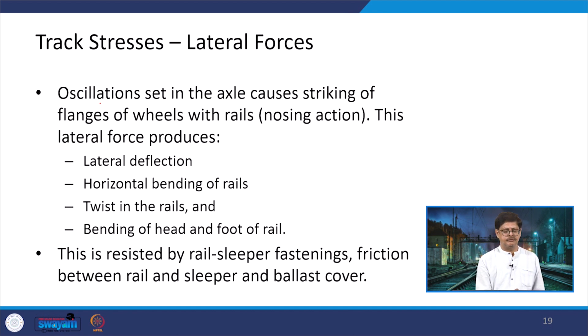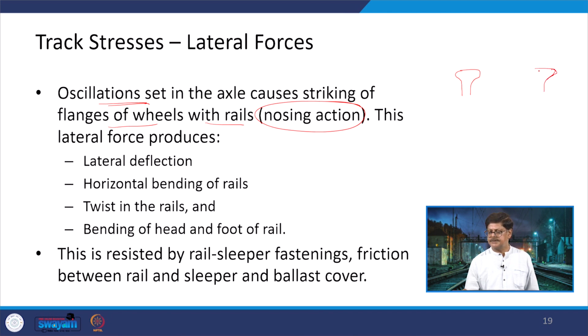This happens because of the oscillations which get set in the axles, and which cause the striking of the flanges of wheels with rails, and this type of action is known as nosing action. So, we have a rail provided here, and similarly a rail is provided on the other side, and then there is a flange in this form.